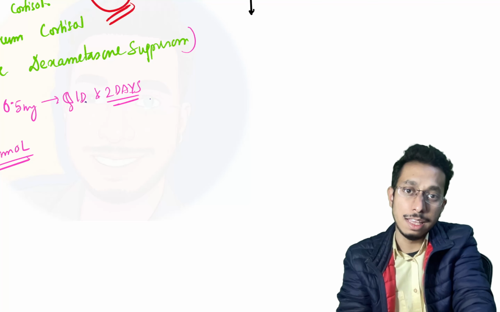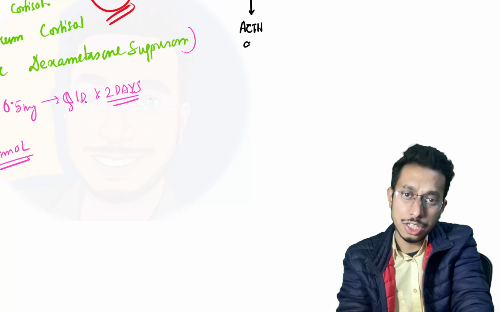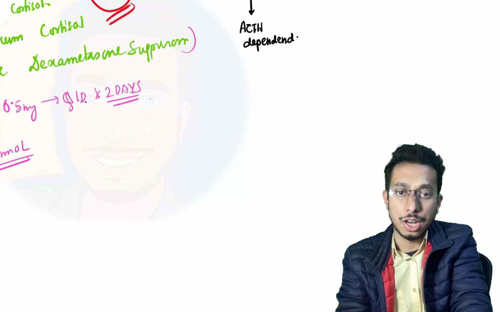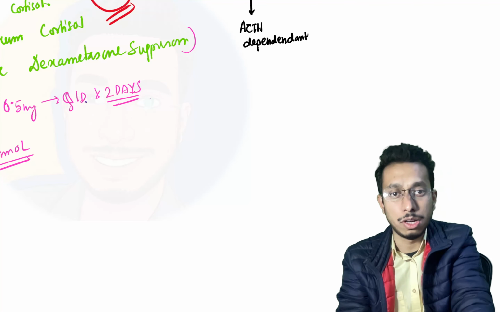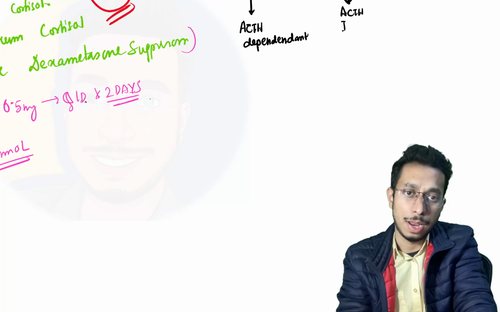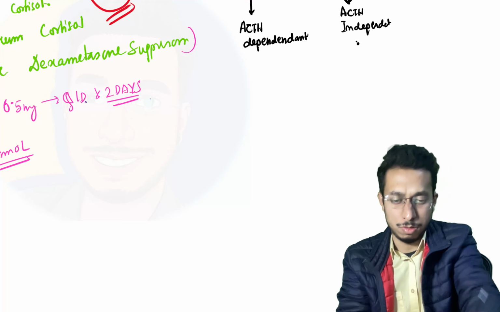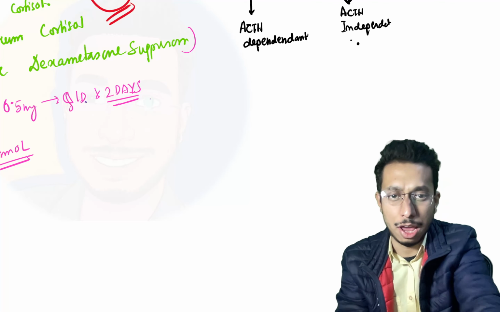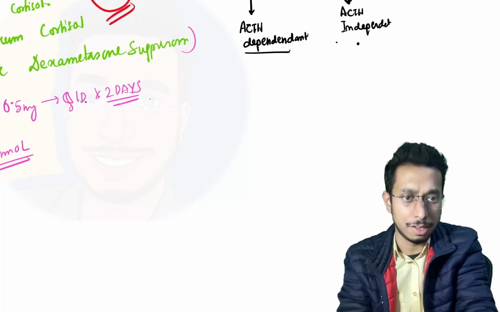due to ACTH excess, that is ACTH dependent Cushing, or it is something where steroid is getting synthesized in the body apart from the dependency on ACTH, that is ACTH independent. So how to establish this diagnosis of ACTH dependent and ACTH independent?